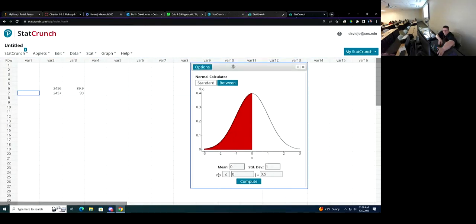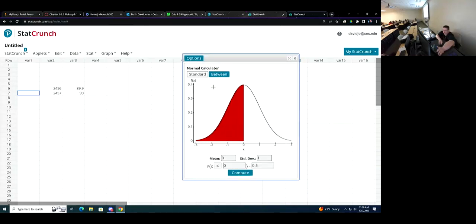The default setup is the standard normal distribution, so I don't need to change the mean or standard deviation. Unfortunately, this doesn't say Z, but it is Z when mean is 0 and standard deviation is 1. So it's important to know that. They didn't make a separate calculator for Z. They're just assuming that you'll be able to say, okay, that's Z.